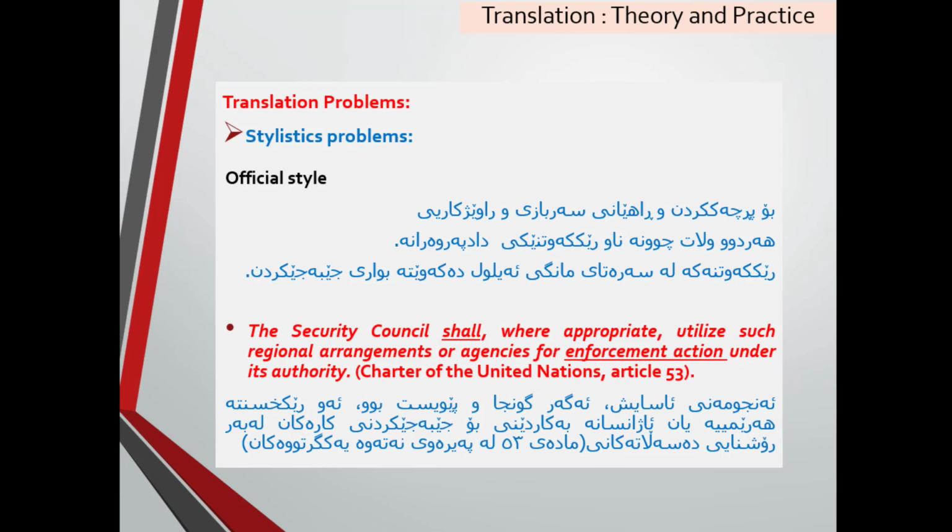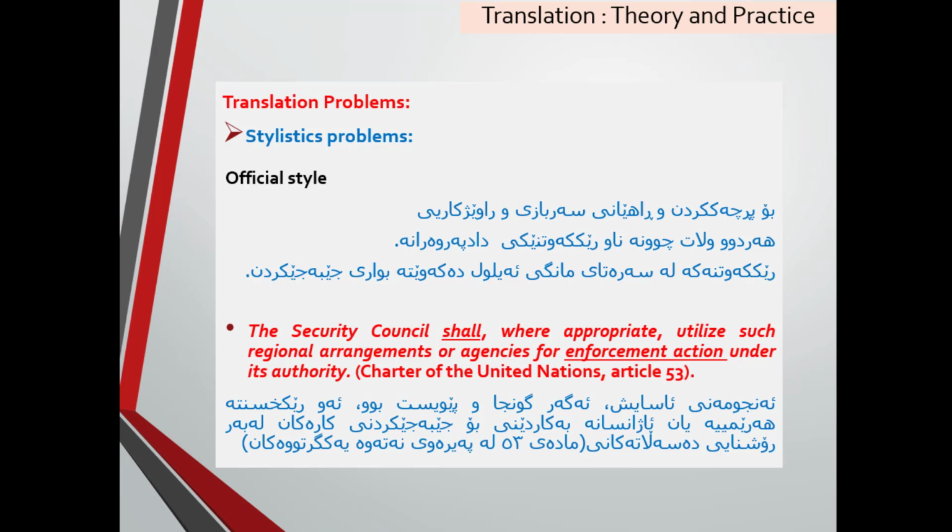Sometimes we don't have a counterpart in that language, or sometimes you might not have done any translation in the field of legislation or in the field of United Nations resolutions and so on.